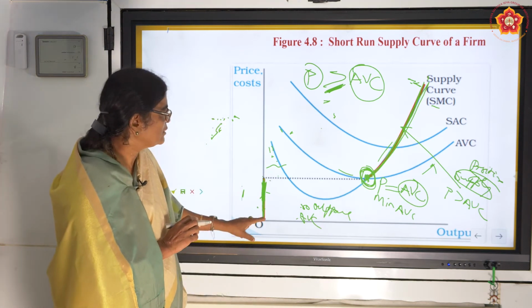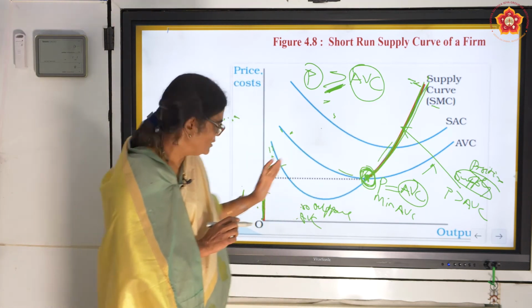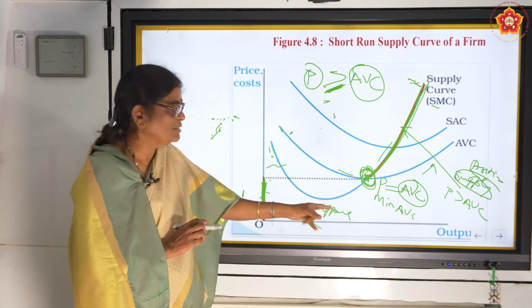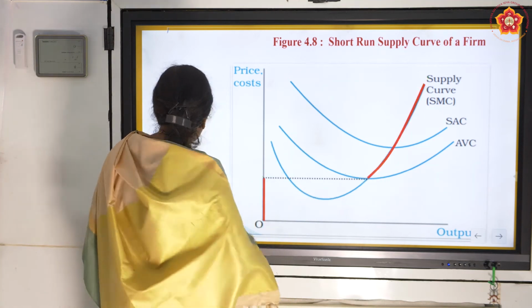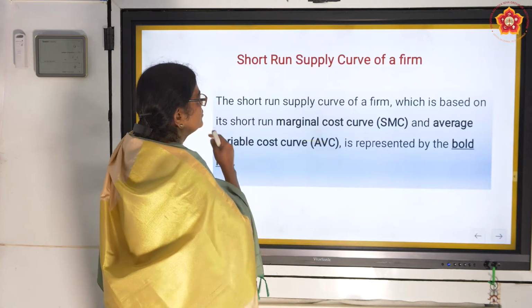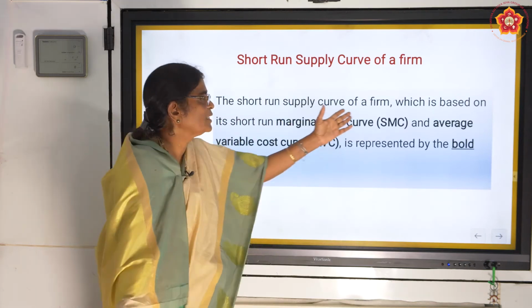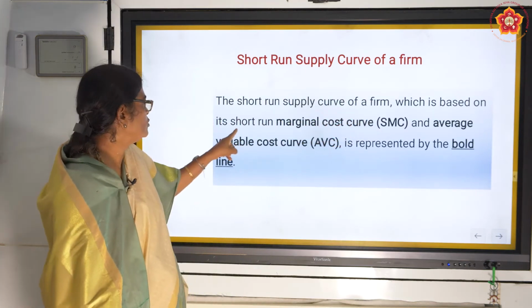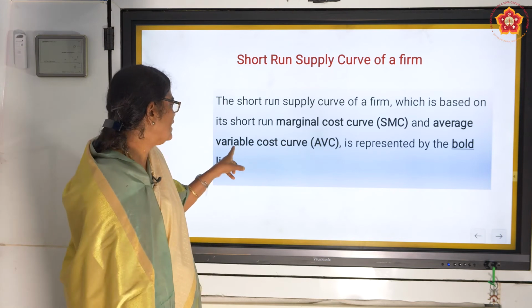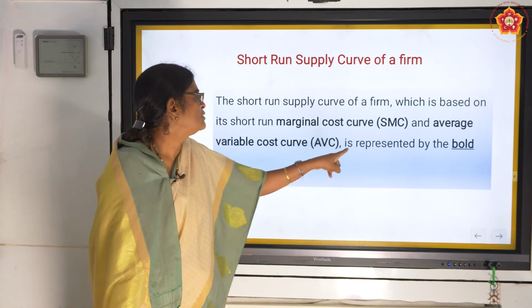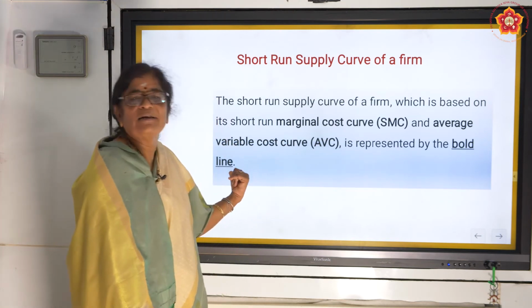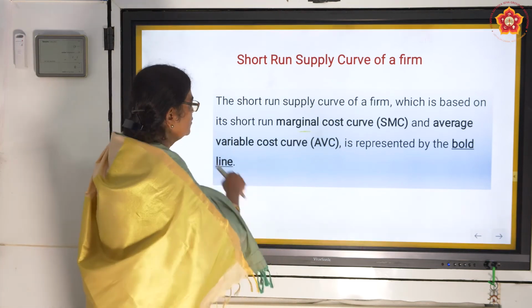That is under P2 prices. This is the P1 price, this is the P2 price. Therefore, the short-term supply curve of a firm, which is based on the short-term marginal cost curve and average variable cost, is represented by the bold line. Now we are going to see the definition.